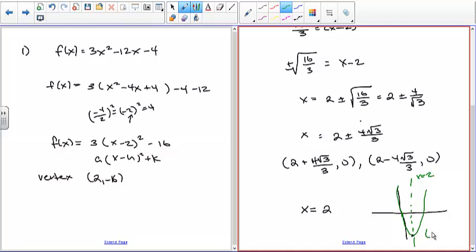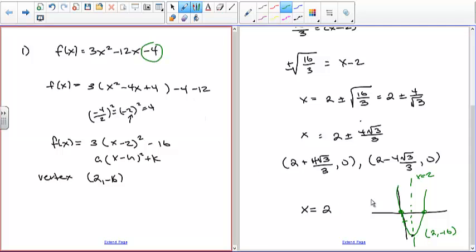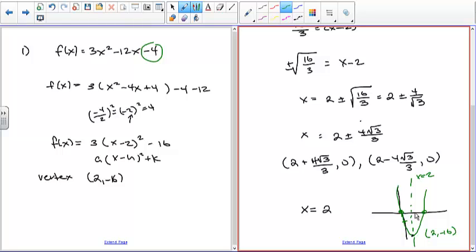This would be my vertex 2, -16, and these 2 points would be these 2 points, and then you have a y-intercept, which is right here, which is -4. So this thing would intersect the y-axis right here.